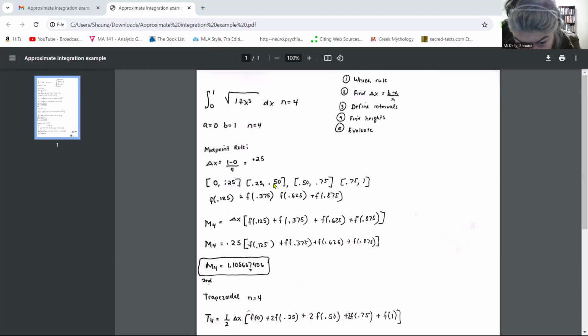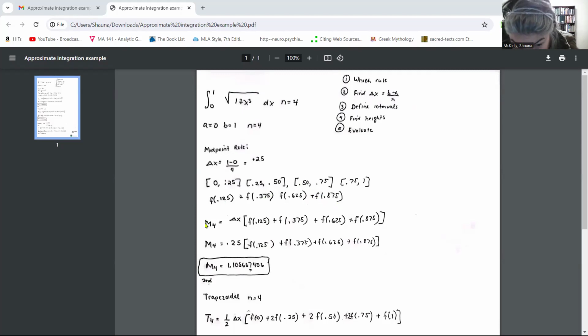Divided by 2, 0.75 divided by 2 is 0.375. 0.50 plus 0.75, this is 1/2 and 3/4, this is 5/8. So 0.625 and so forth. Here, this is 7/8 is the middle of this interval, f of these numbers here.